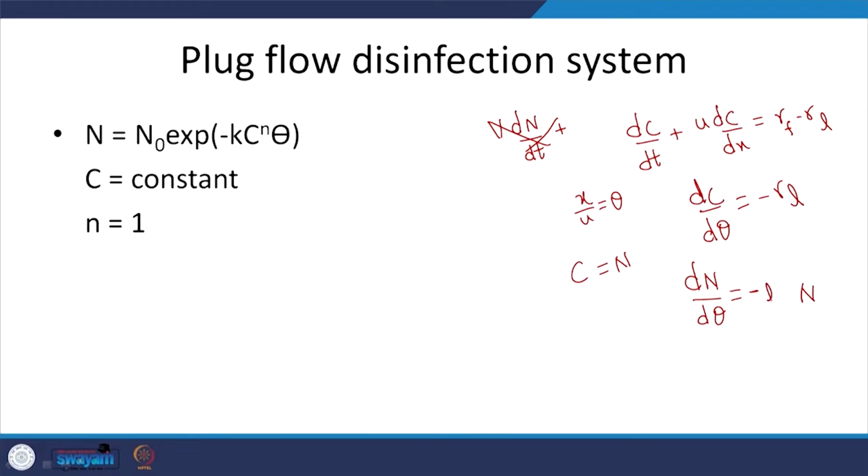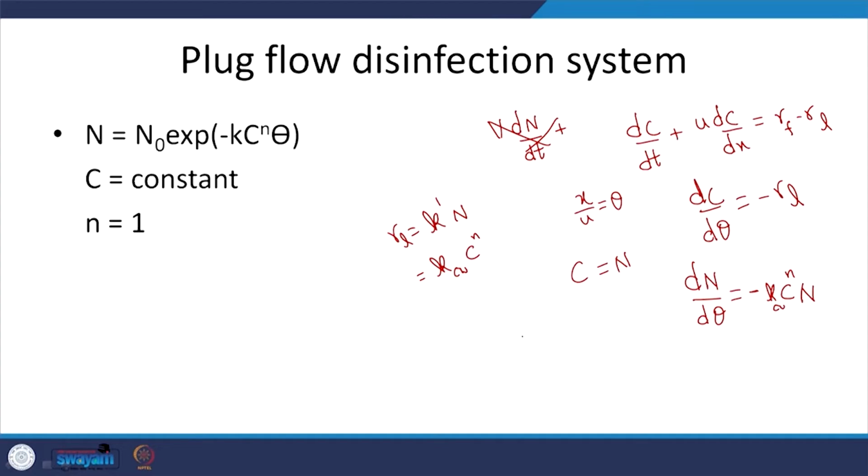What is K? K is nothing but KCW into C to the power of n, right? That is something we saw. RL was equal to K dash N, where K dash is equal to KCW into C to the power of n. So that is what we have, and you substitute, not substitute, pardon me, integrate and so on and so forth.